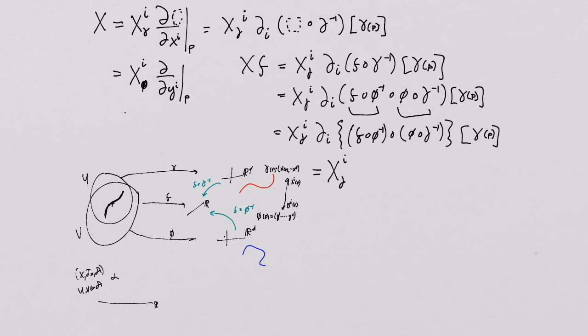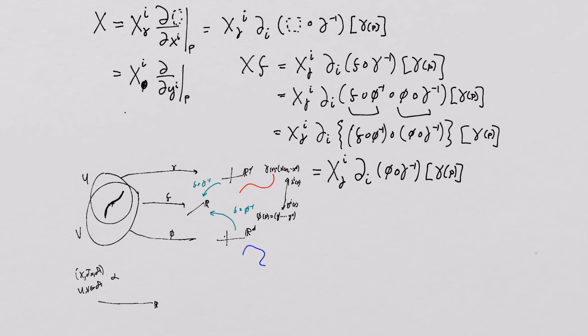X^γ_i. Now this derivative with respect to the ith entry is with respect to this ith entry. So this i is going to land over here on this function. So we do it like ∂_i of φ acting on γ⁻¹ acting on γ(p), like that, and then that object is multiplied by, let's see, do we need the jth component of that?